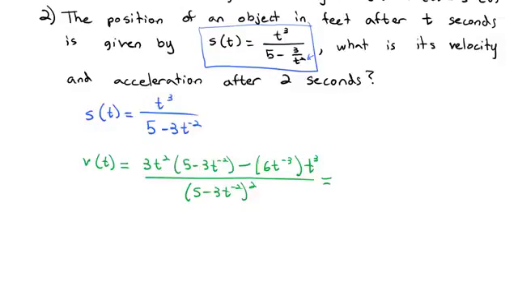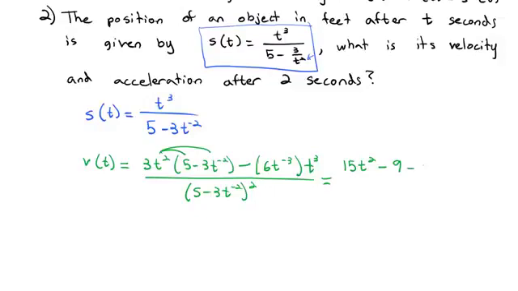I'm going to clean that up a little bit just so that we can take a second derivative of it, because we're also being asked about the acceleration. So when we distribute through, we get 3 times 5 is 15t squared minus 9. And when we add the exponents, we get 0 t's.